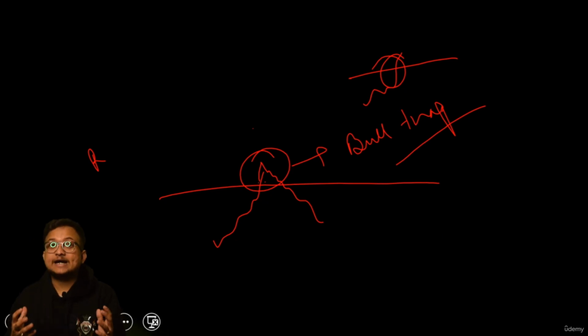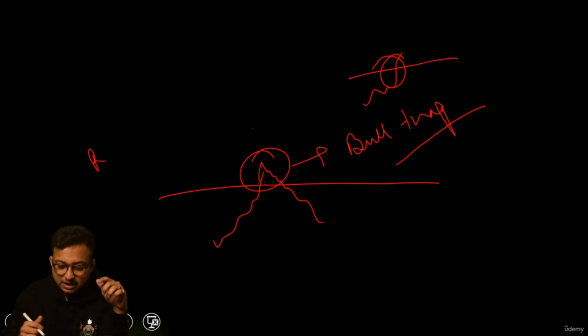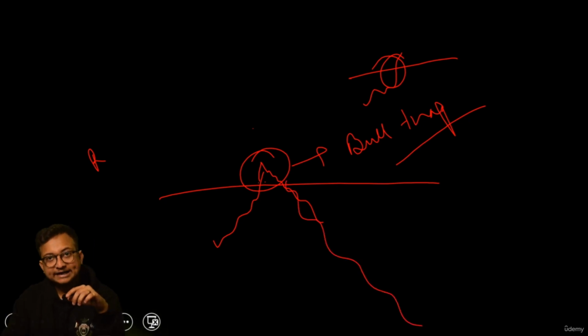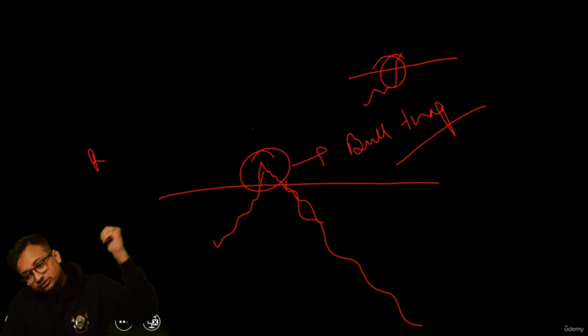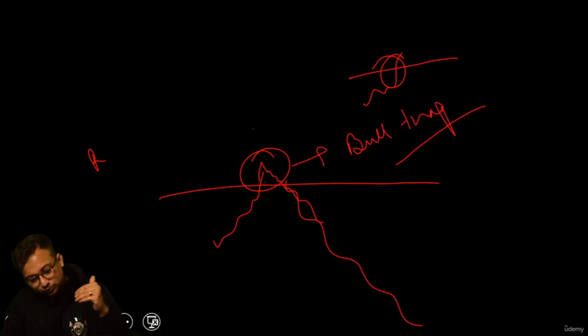They panic, they create panic. So the next time the market falls drastically, right? Bulls are trapped now, so they create panic, and due to the panic, the market falls drastically with speed.